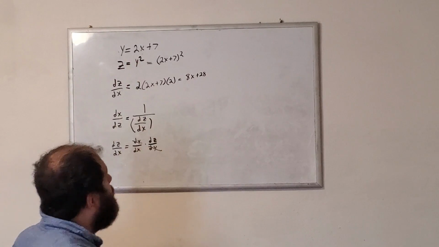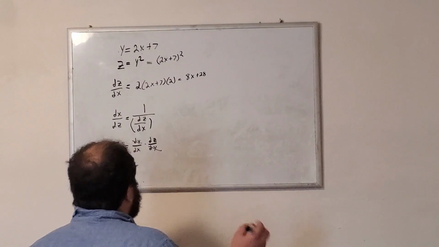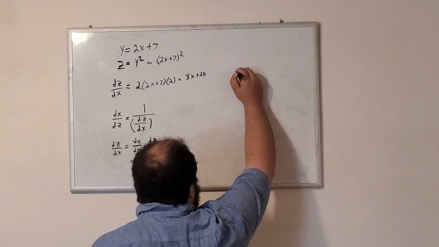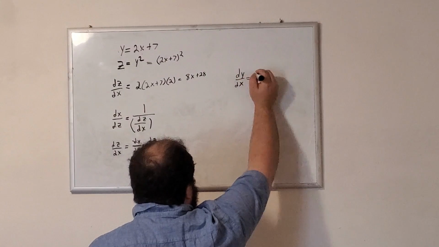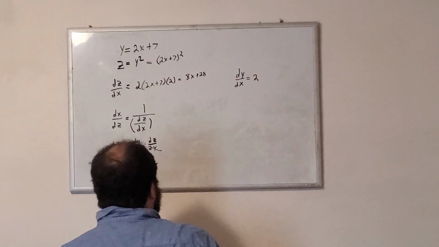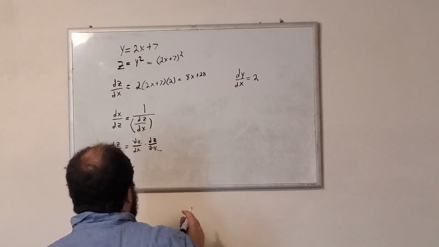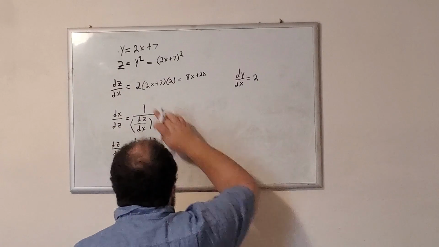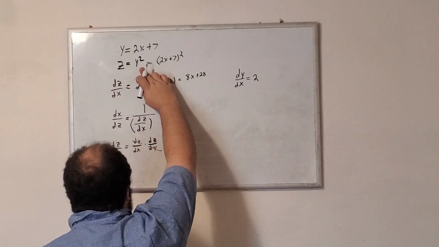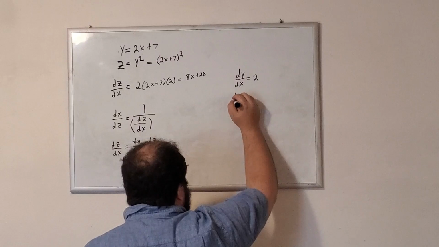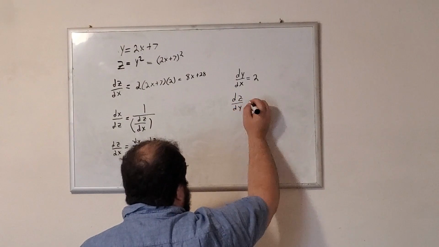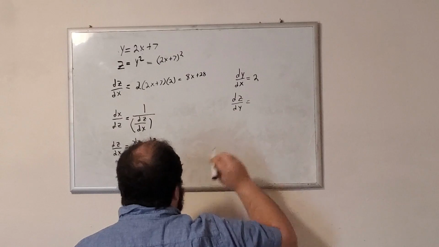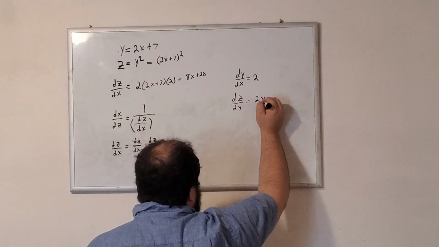With y being 2x plus 7, dy by dx is equal to 2. And then since z is equal to y squared, we know dz by dy is equal to 2y.